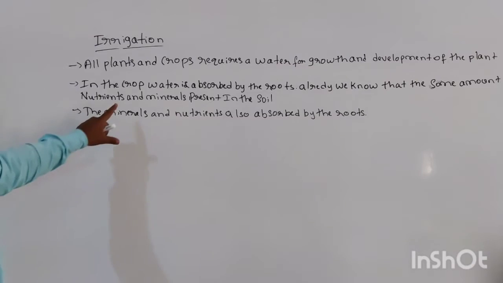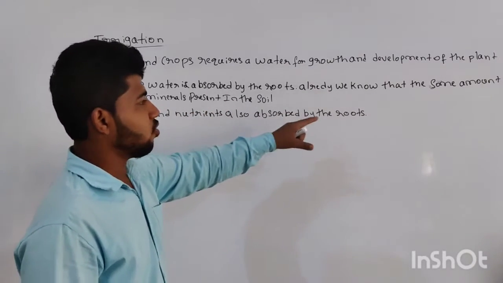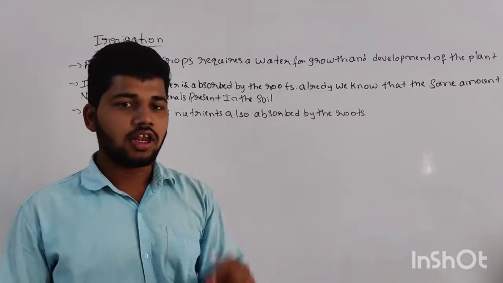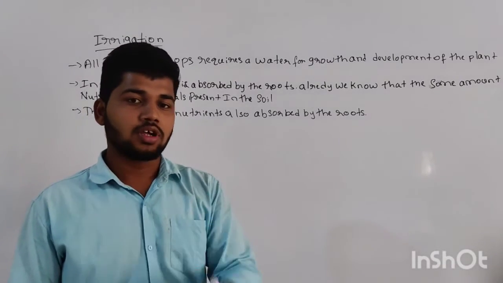In the crops, water is mainly absorbed by the roots, and we already know that some amount of minerals and nutrients present in the soil are also absorbed by the roots of the plant.